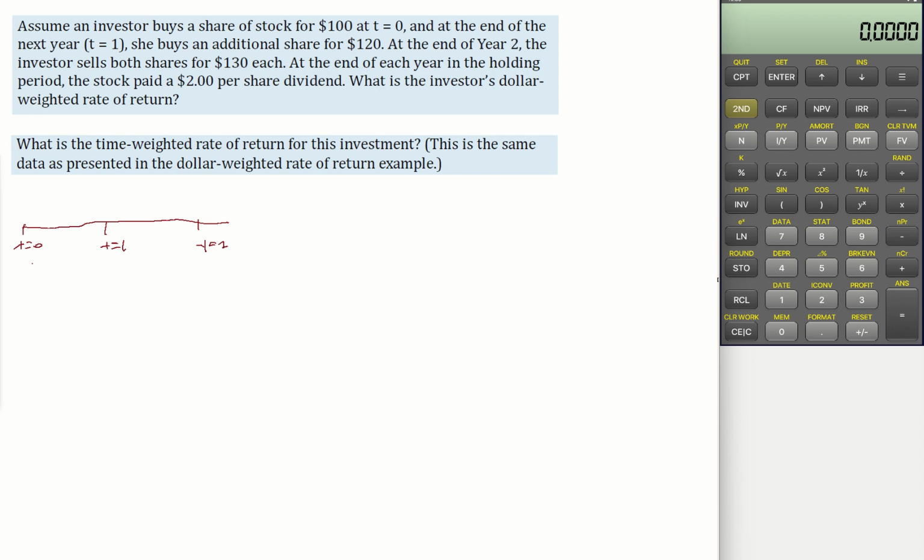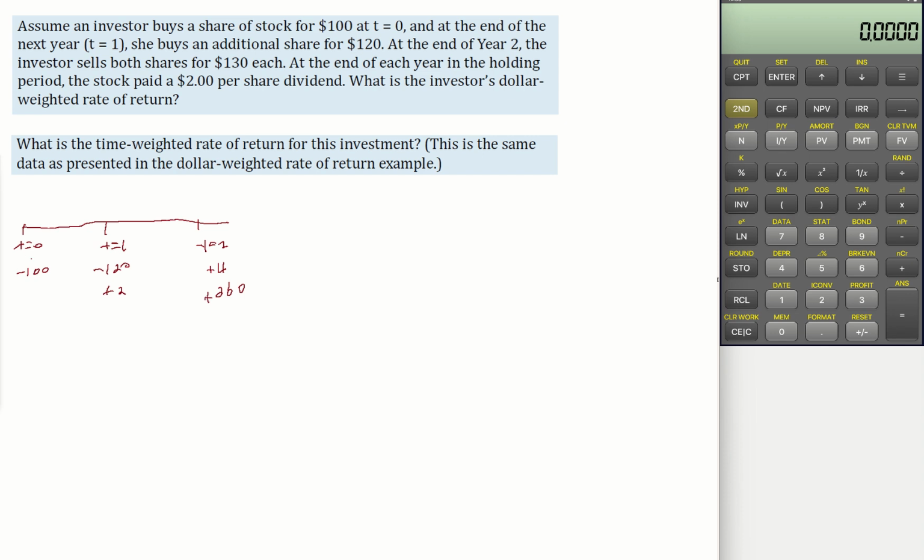For t equals 0, share purchase $100 is outflow, and for t equals 1, share purchase $120 is outflow, and $2 dividend is inflow. For t equals 2, $4 dividend is inflow, and $260 proceeds is inflow.